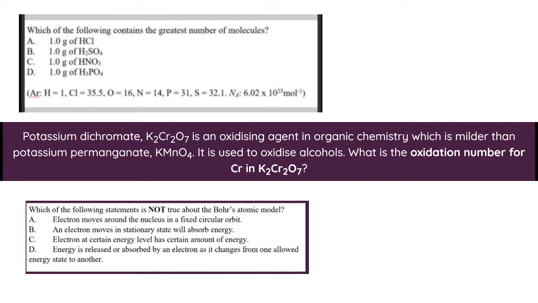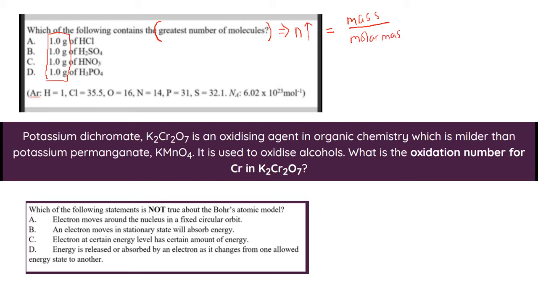Okay, next question. Which of the following has the greatest number of molecules? Greatest number of molecules means that the number of moles is greater. When we look at the options here, all have 1 gram. So how do we get the number of moles? Number of moles always equals mass over molar mass.